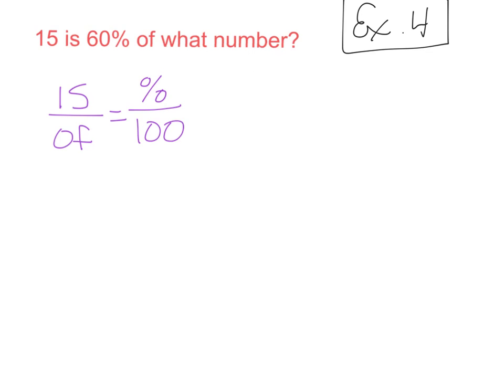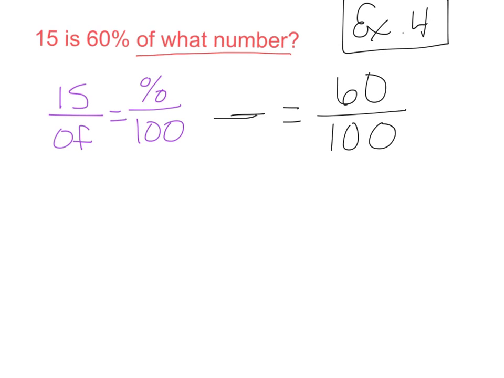So let's go ahead and set this up ahead of time. And I know that my proportion is going to be a percent because it gave me 60%. So 100 is my denominator, and it's 60%, so 60 out of 100 represents 60%. Then I have my of what number?